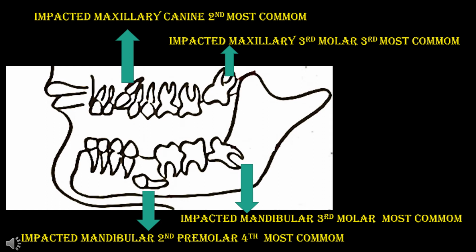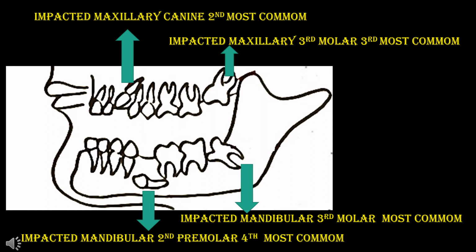In both cases a lesion surrounding the crown of the tooth will be seen. The only difference is there will be a CEJ to CEJ attachment in a dentigerous cyst, whereas in AOT you will not have any CEJ to CEJ attachment. This is how we differentiate between these two lesions.